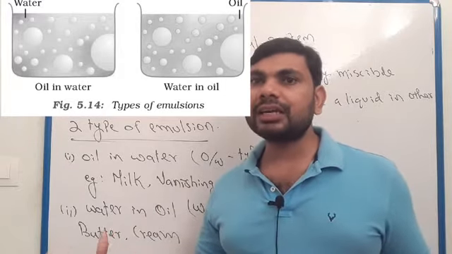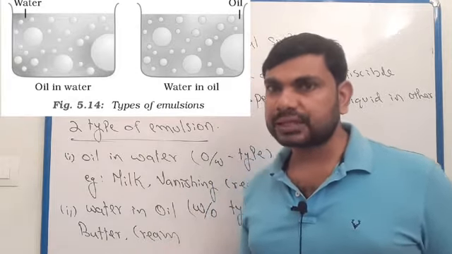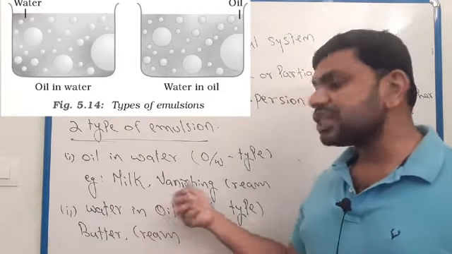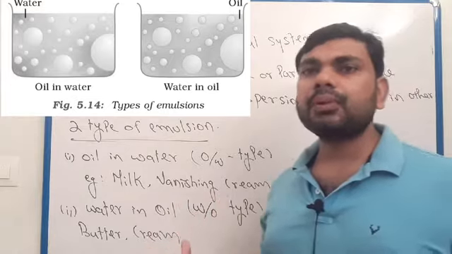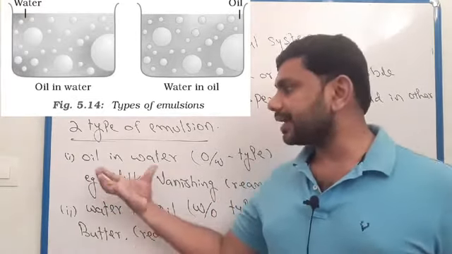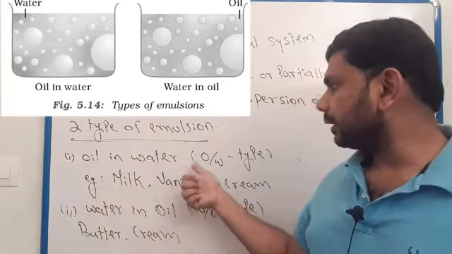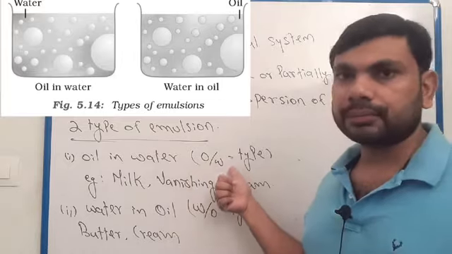The major content is water, and oil is the dispersed phase. Milk, vanishing cream: these are examples for emulsion of the type oil in water.